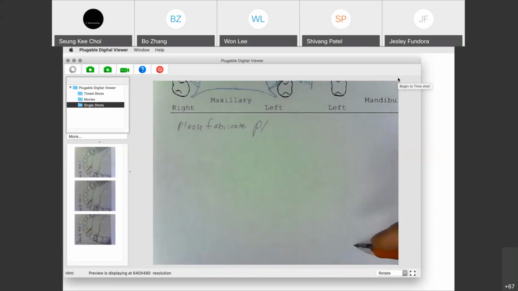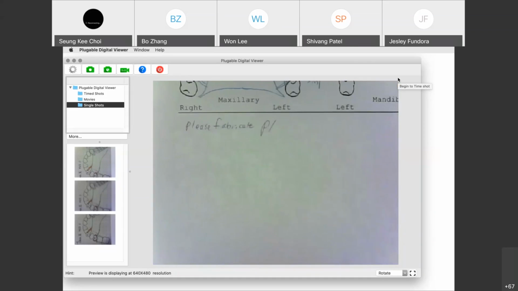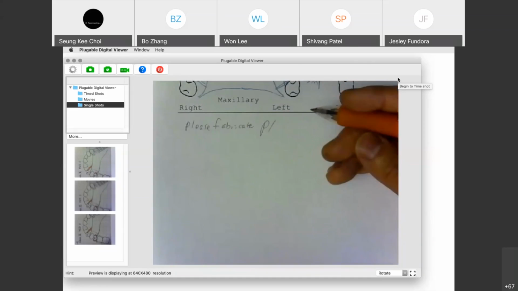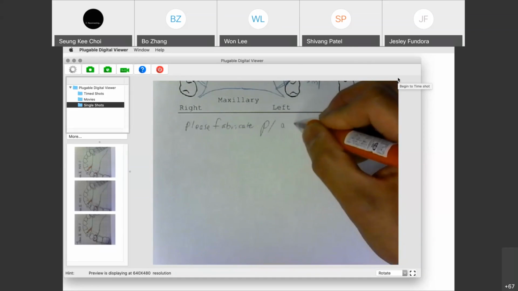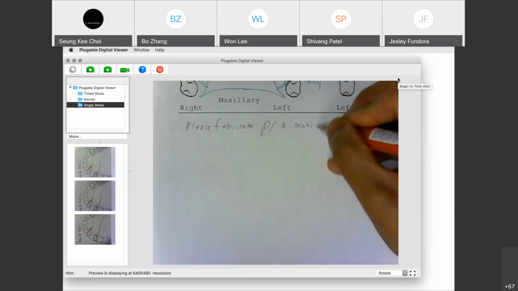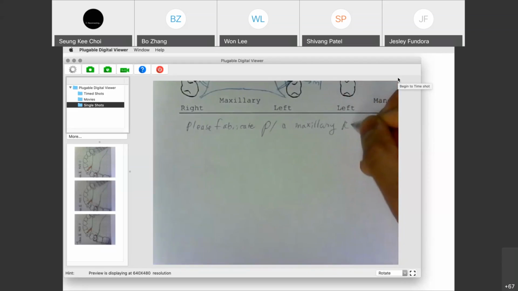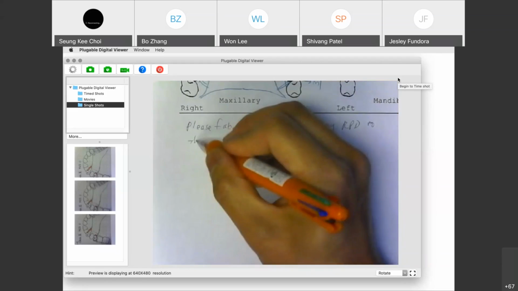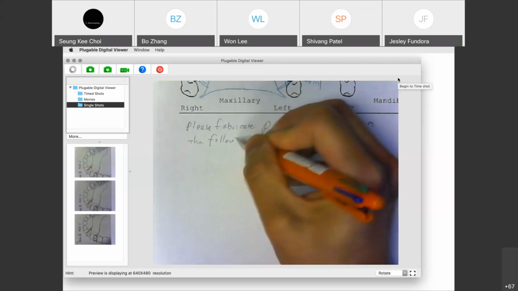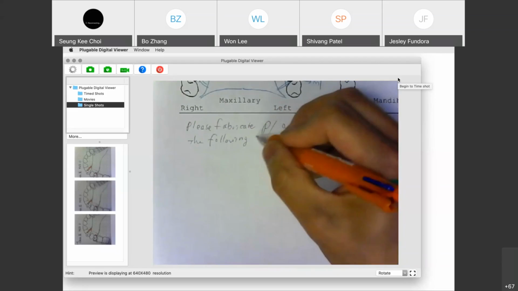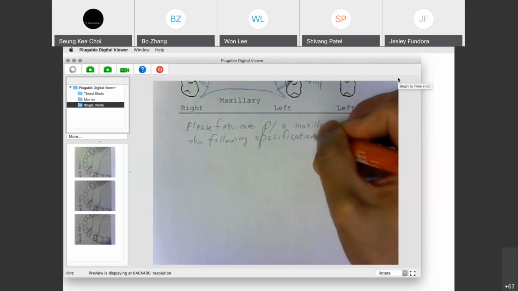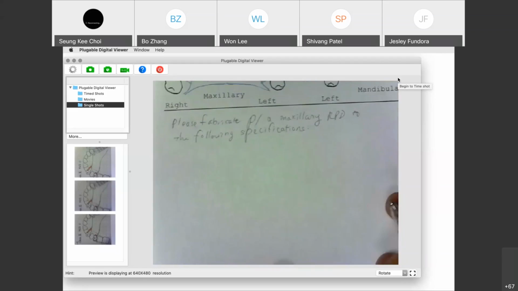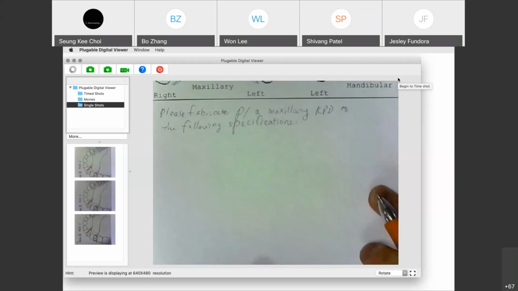You can do a symbol like that, just not wanting to take any chances with all these abbreviations and whatnot. What you can do is just spell it out, maxillary RPD to the following. I don't have the greatest handwriting, but if you can read it, that should be fine. So nothing crossed off so far, okay, right?